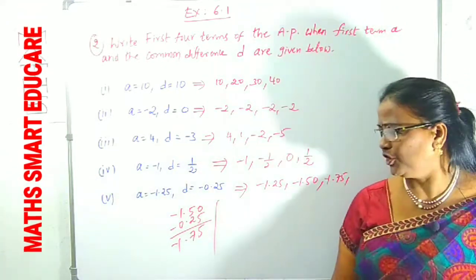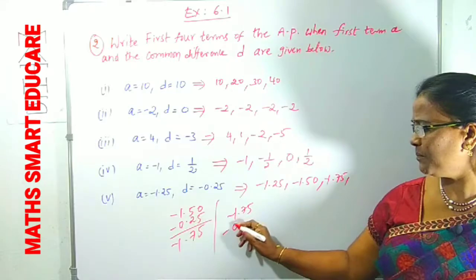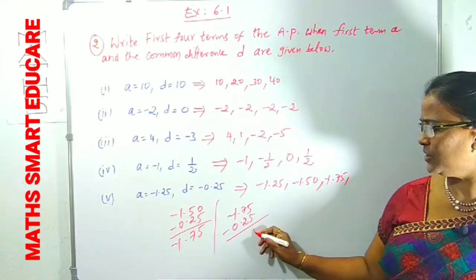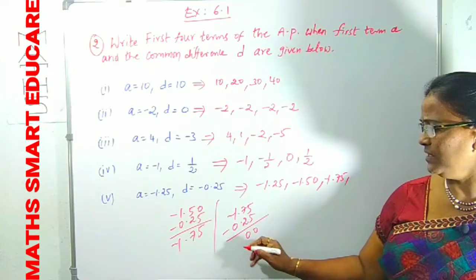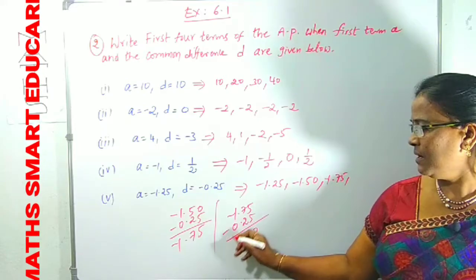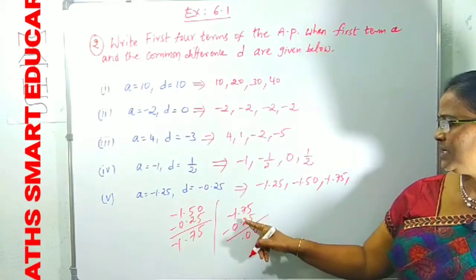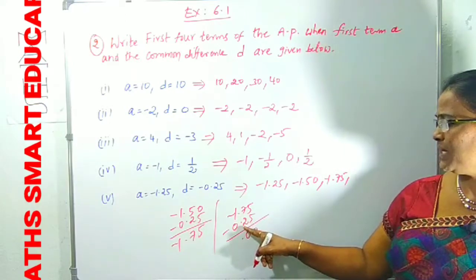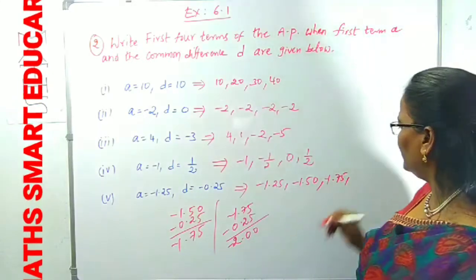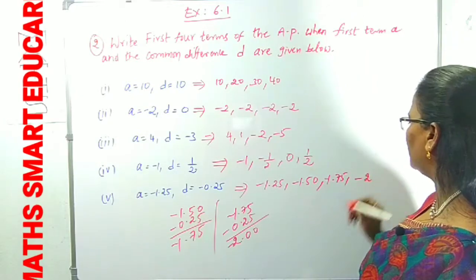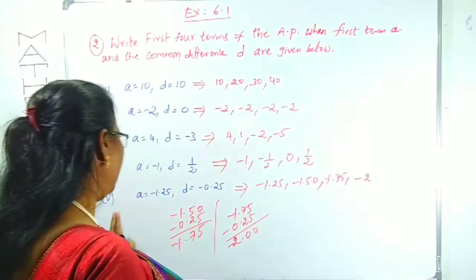Now the next term, the fourth term: for -1.75 we should add -0.25. 7 plus 2 is 9, 5 plus 0 is 5, so it will be -2.00. Therefore, this will be -2. That's it. Okay, like this we can now find the 4 terms of the given 5 bits.